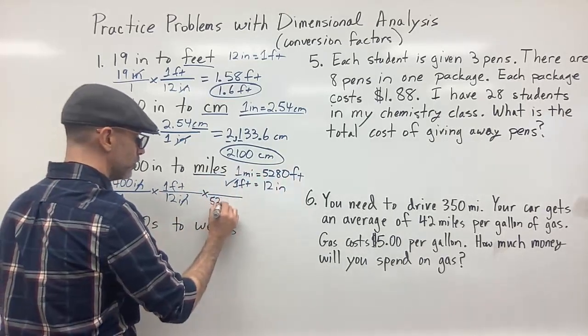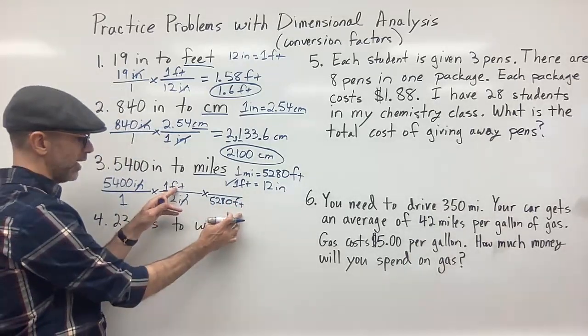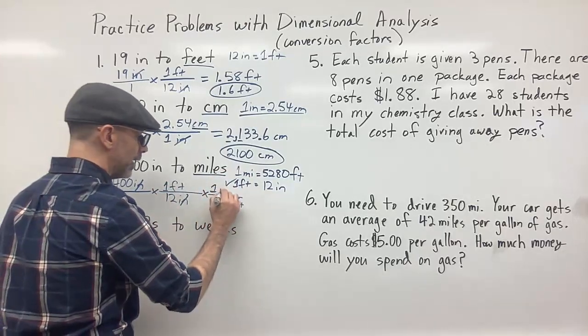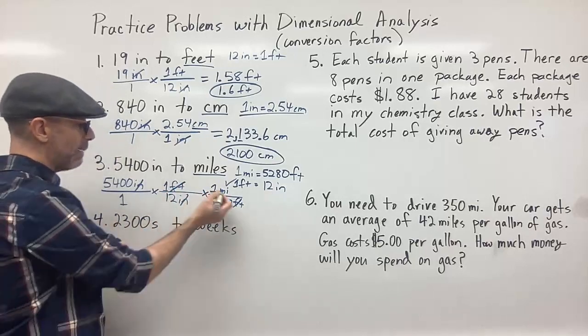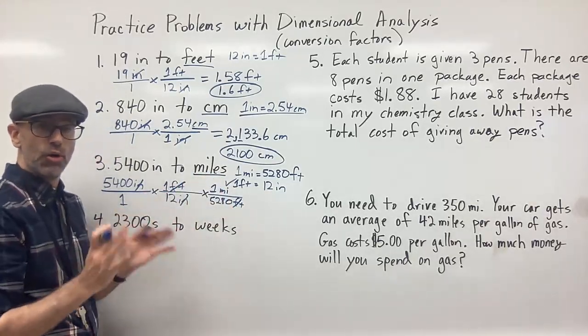So 5,280 feet goes on the bottom, so I can cancel out feet here. And then I put 1 mile on top. So feet cancel out. And now I've got miles on top, which is what I want. I'm done. No more conversion factors.